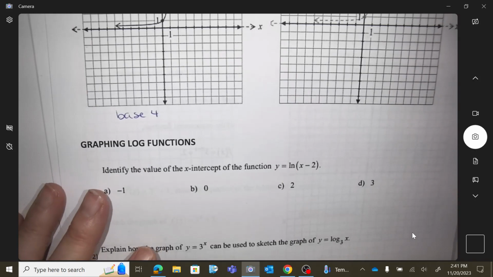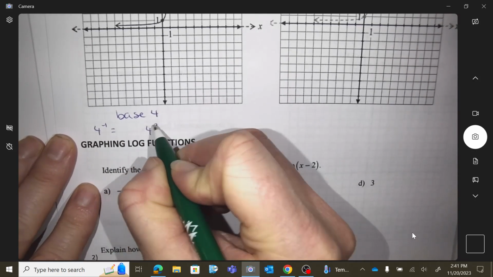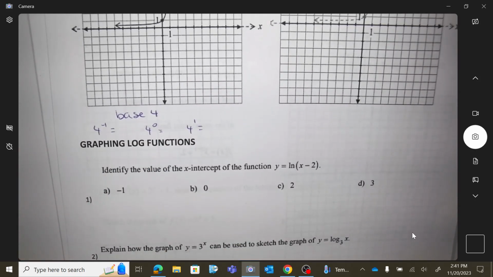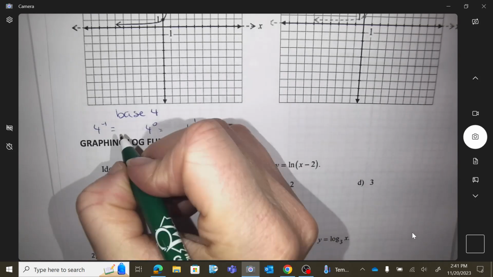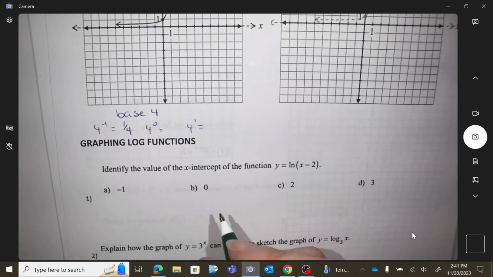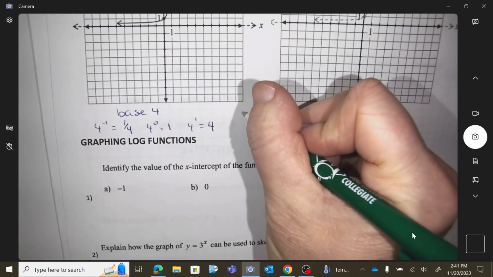So let's talk about 4 to the negative 1, 4 to the 0, and 4 to the 1. I'm going to take a few exponentials out of the base 4. So that's a 1/4, 1, and that's a 4.